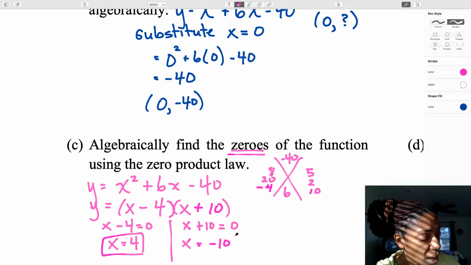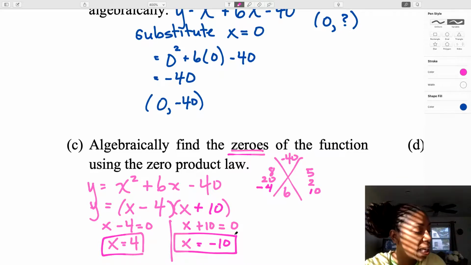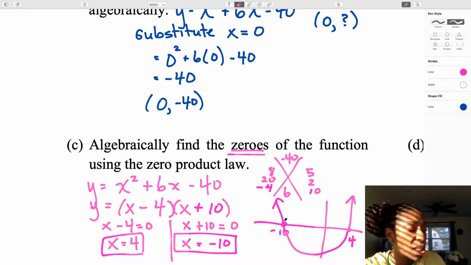And if x were -10, I would also get 0. So that is the solution. Those are my zeros. Graphically, it means that the parabola will cross the x-axis. These are the x-intercepts at -10 and 4. They are called the zeros because at these x values, y equals 0. And if y equals 0, that means they are x-intercepts.